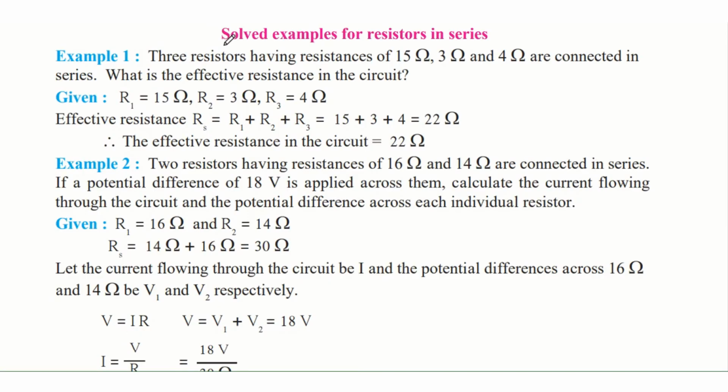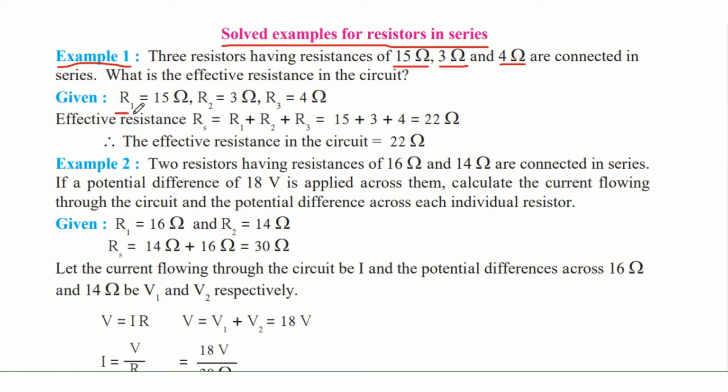Now let us see some solved examples for the resistors in series. Example 1. 3 resistors having resistance of 15 ohm, 3 ohm and 4 ohm are connected in series. What is the effective resistance in the circuit? So we know that the effective resistance is the sum of the individual resistances.